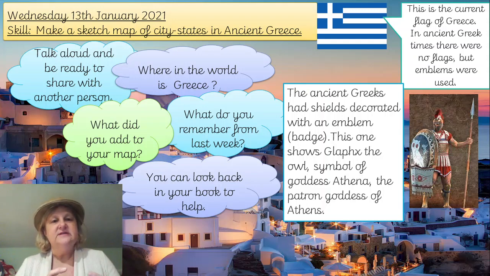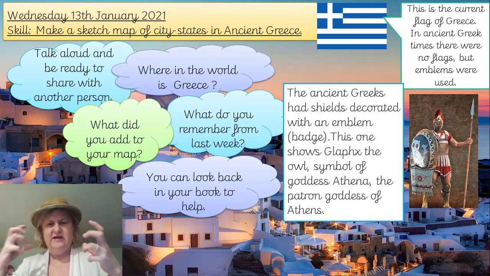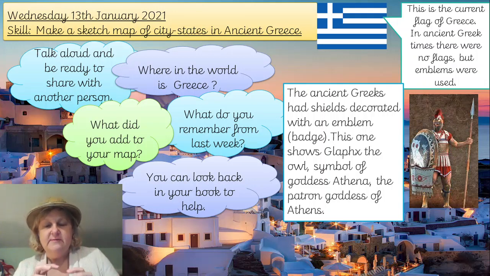So they would consider themselves, say if they were from Athens, Athenians first and then Greek second. Okay, so it would be like thinking of yourself as, I'm a Kent person first, that's the rule in the top of your mind, and then I'm part of England, and I'm part of Britain as well. Okay, so they would have an emblem or like a badge that would show everybody that that's where they're from.